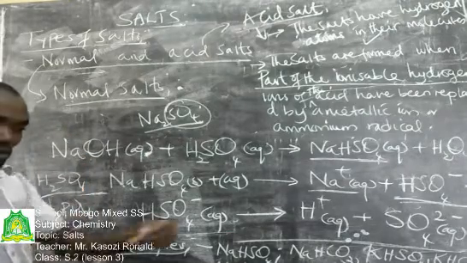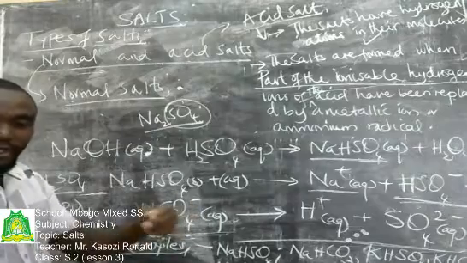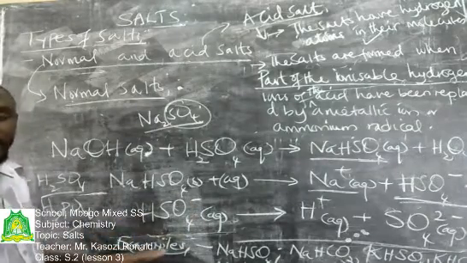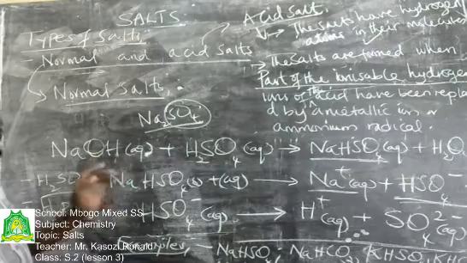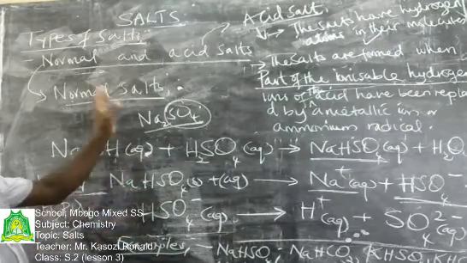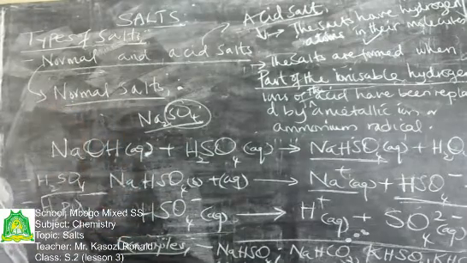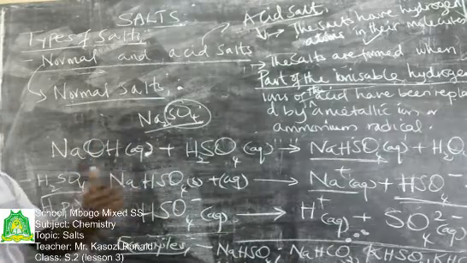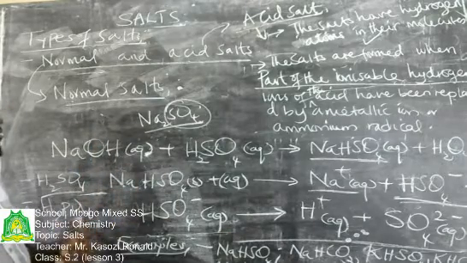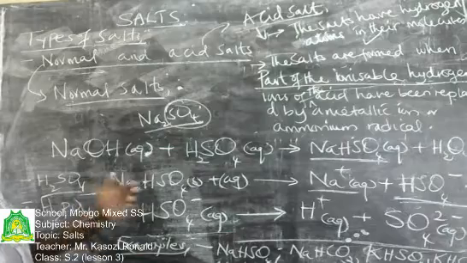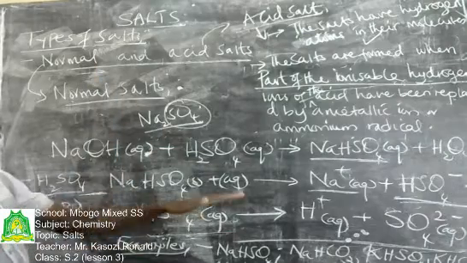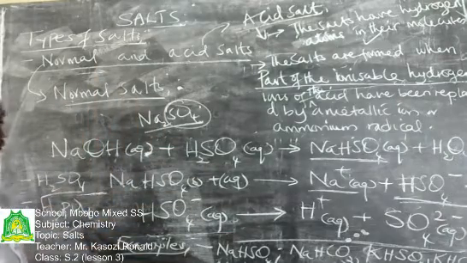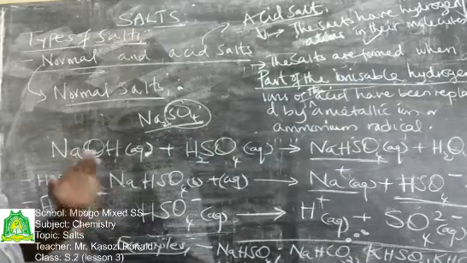Once both replaceable hydrogen ions have been replaced completely, the salt formed will be normal. If only part of those hydrogen ions have been replaced, the salt formed will be an acid salt.